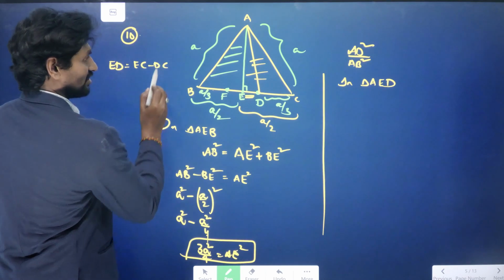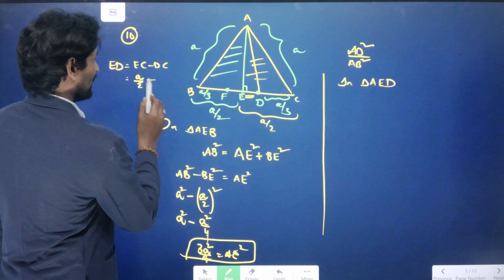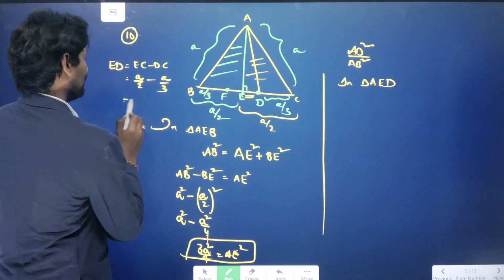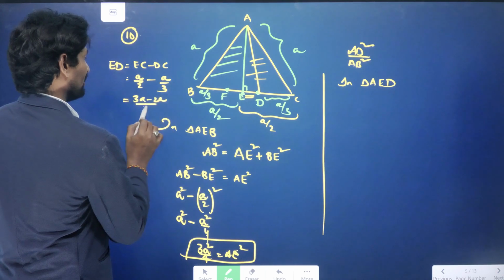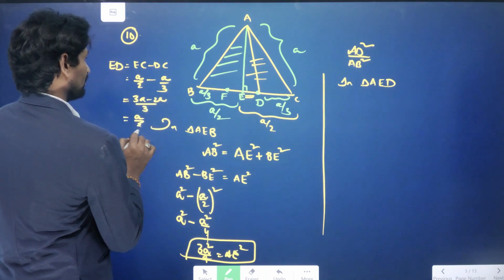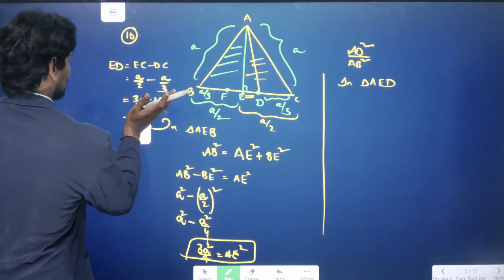EC value is a by 2 and DC value is a by 3. Find the LCM, 6 is the LCM. Here 3a minus 2a by 6, nothing but a by 6.